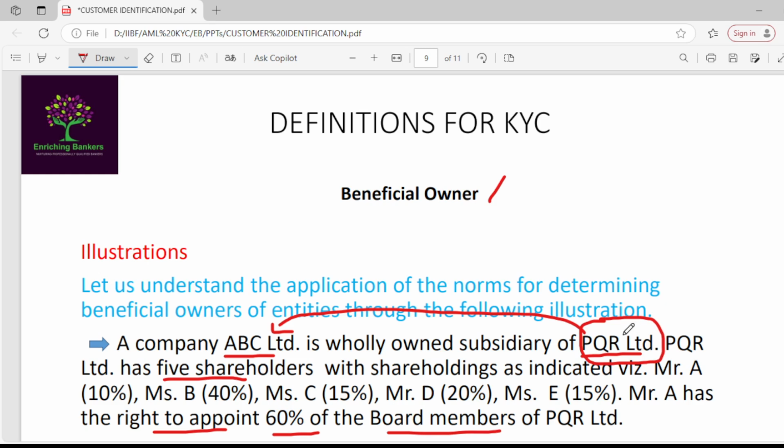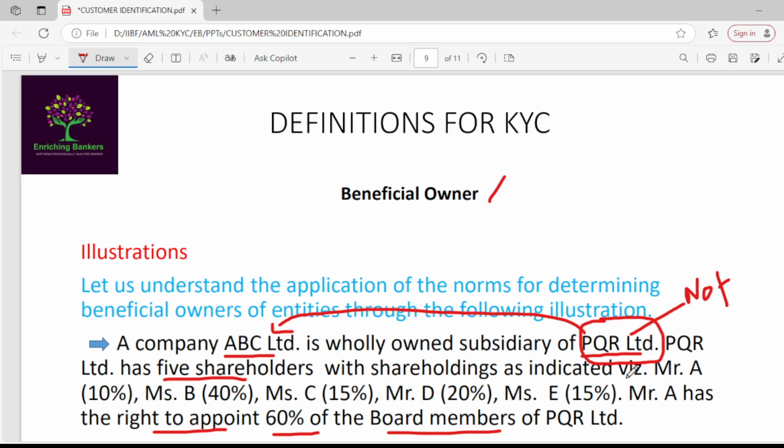I repeat it, PQR Limited is the sole shareholder of ABC Limited, and also it is a legal entity. It is not a natural person. That's why it has not qualified as a beneficial owner.